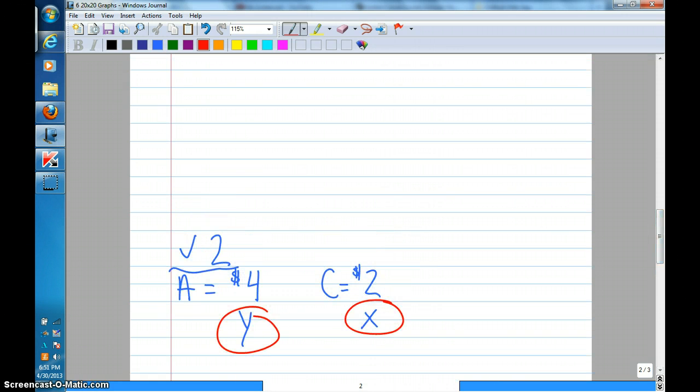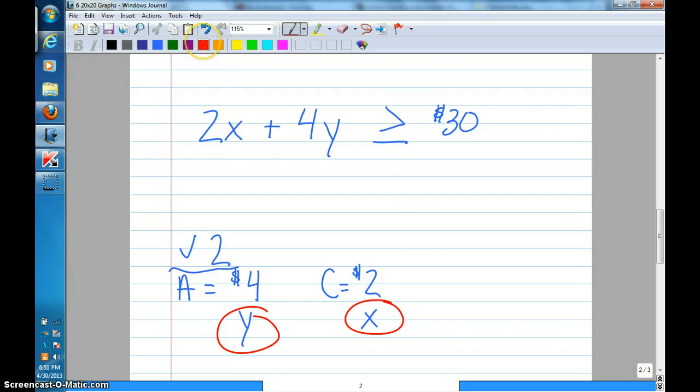So our first job, guys, is to set up an equation. So again, we can have 2x, because it's $2 per kid's ticket, plus 4y, because it costs $4 per adult ticket. We want to sell at least $30. So again, $30 is the minimum. We want to sell at least that.